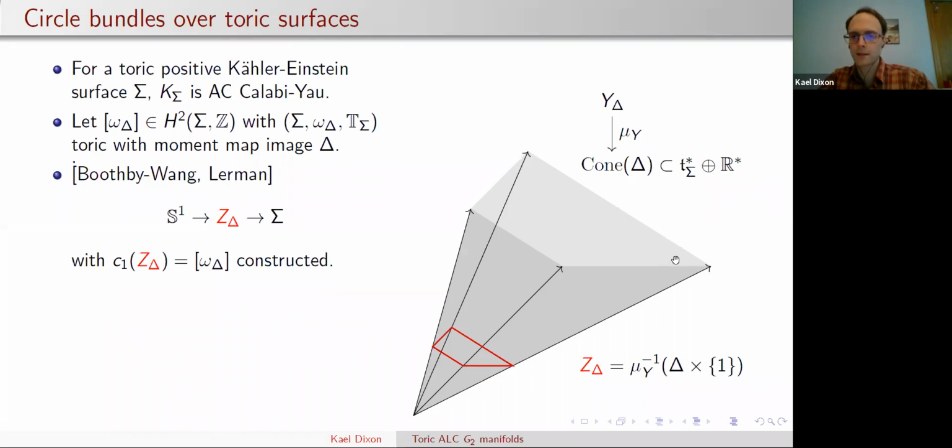And then to make the circle bundle, you just take the link of the cone and take the moment map image of that, the moment map for the cone. So this generalizes what we saw a few slides over, where we saw the Hopf bundle as taking a link of the octant as the cone for C3. So it's basically the same idea, but generalized.